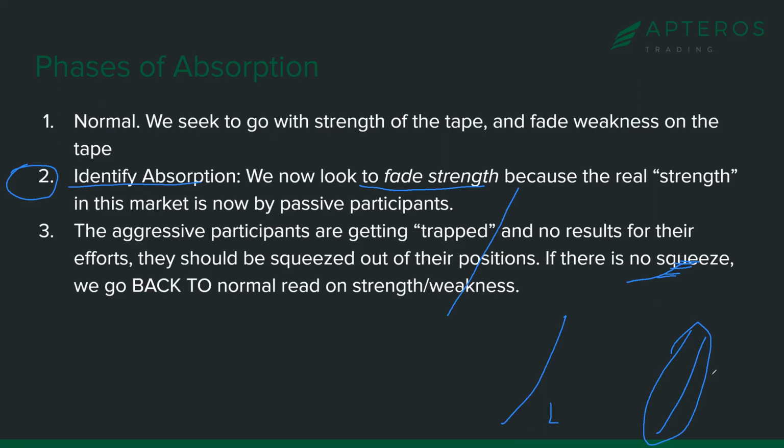So my take is that when I first identify absorption, I look to fade the trapped aggressive participant. When I first identify absorption, in this case buyers getting absorbed, I am bearish that order flow.